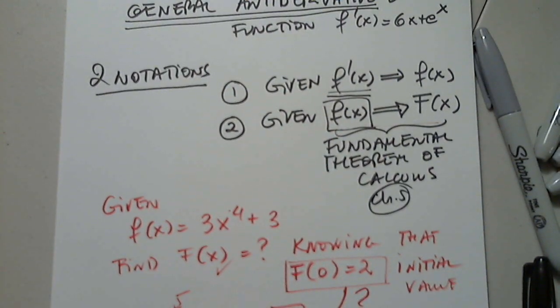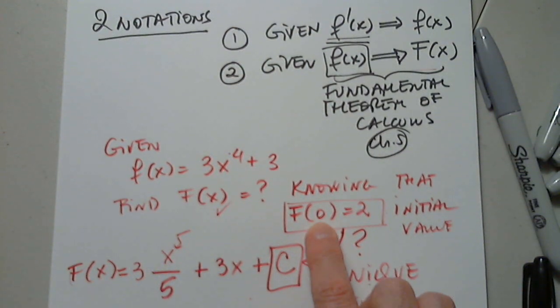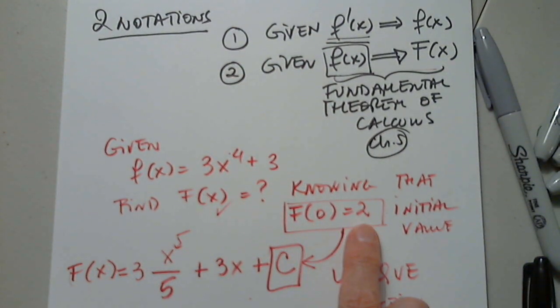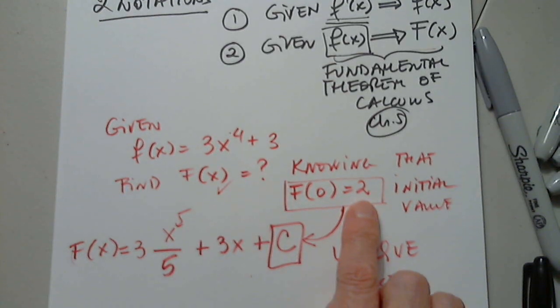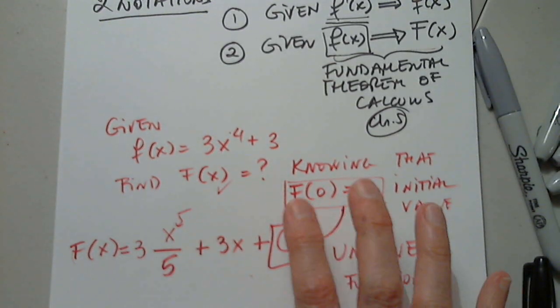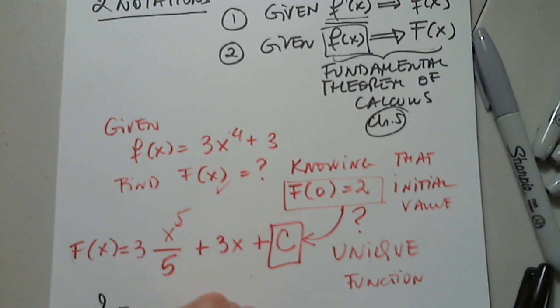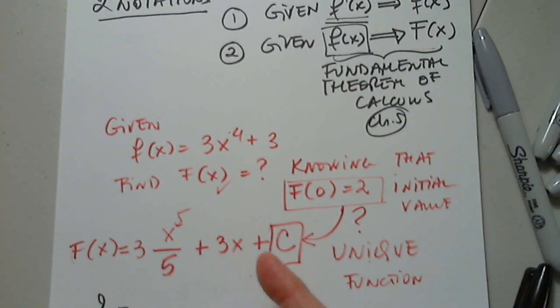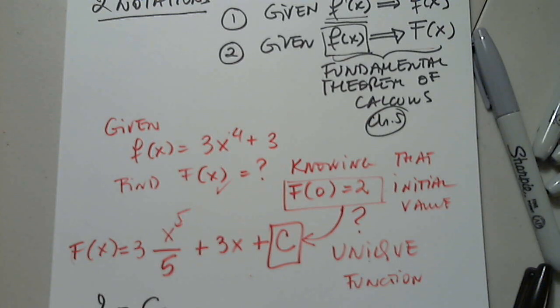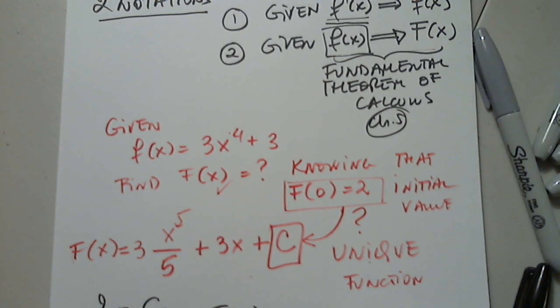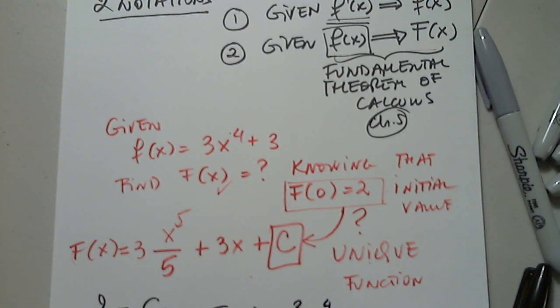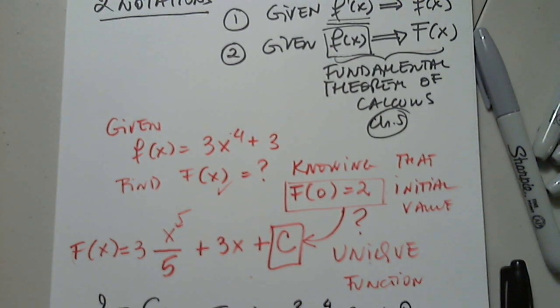One function whose derivative is this and also passes through the point 0 for x, 2 for y. So f of 0 is 2, so I have 2 equals 0 plus c. Therefore, c is 2. So we determined a unique function, 3/5 x to the 5th plus 3x plus 2.